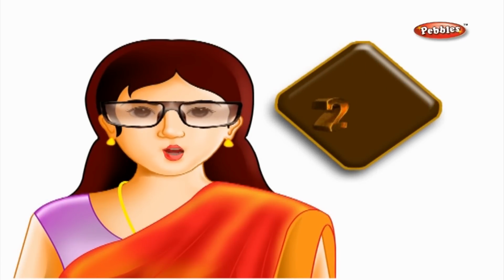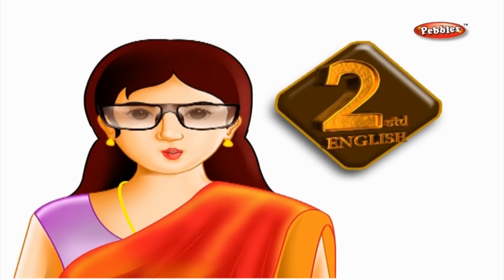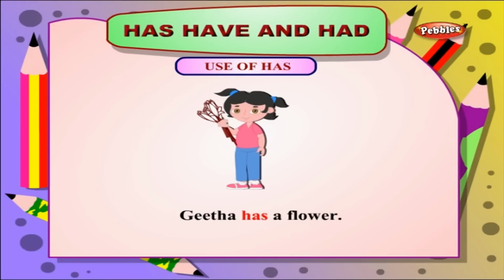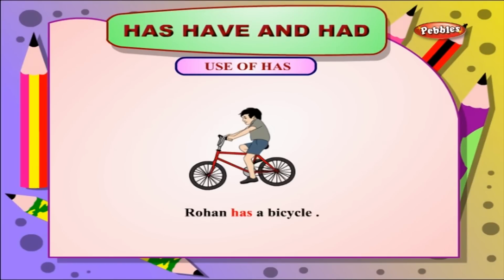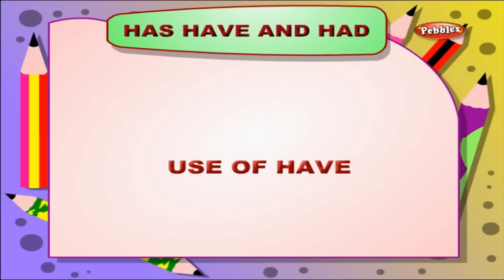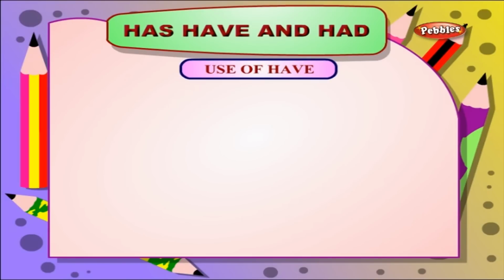Let us see some more examples to understand the concept better. Use of has. Geeta has a flower. Rohan has a bicycle. A cow has horns. Use of have.